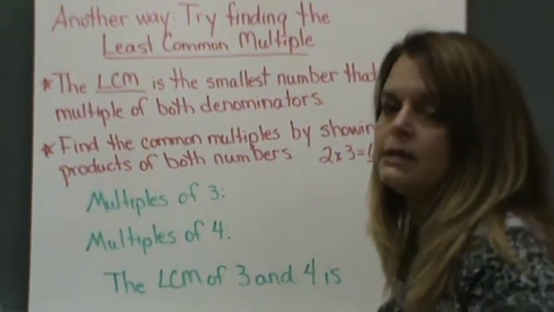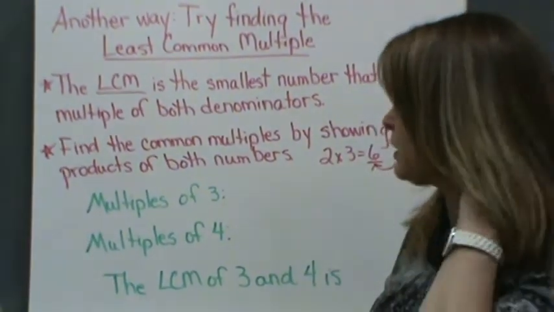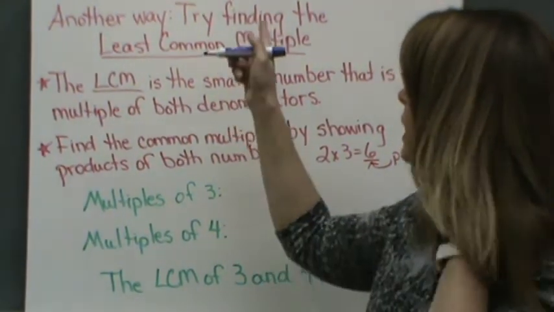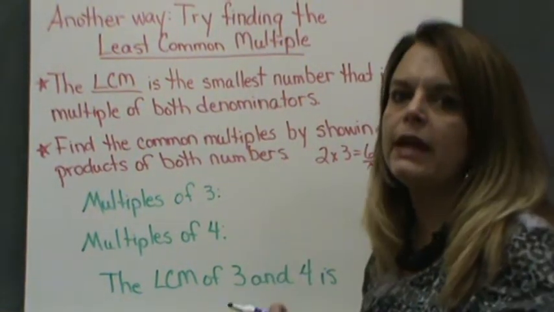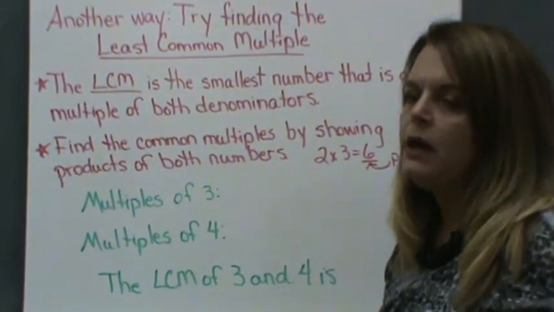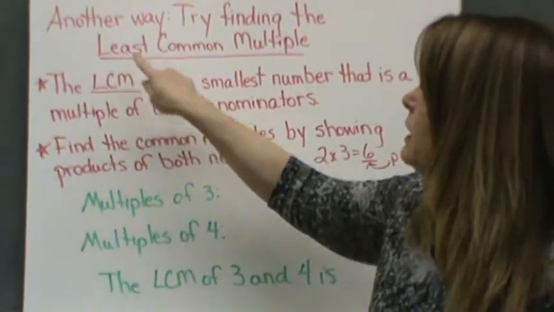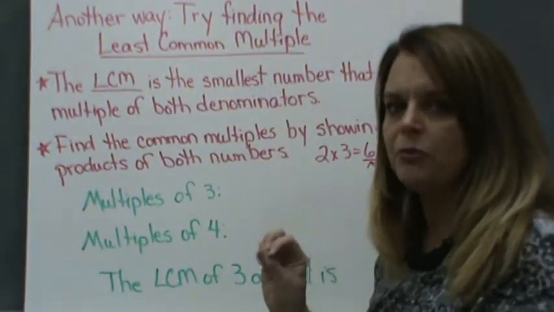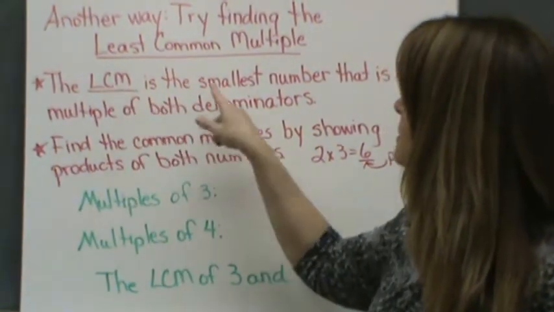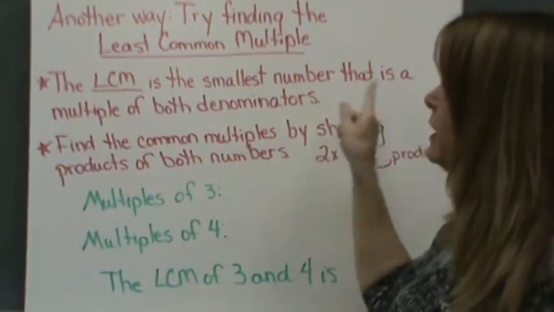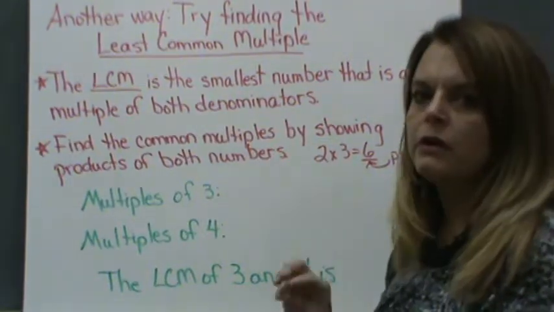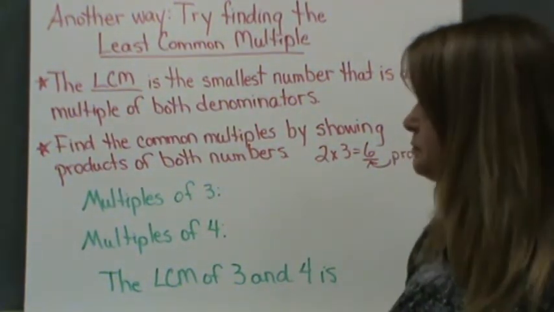Here's another way to help you to add fractions with unlike denominators. Another way is to try finding the least common multiple. Now this is important. The LCM, least common multiple, I just abbreviated it there. The LCM is the smallest number that is a multiple of both denominators.